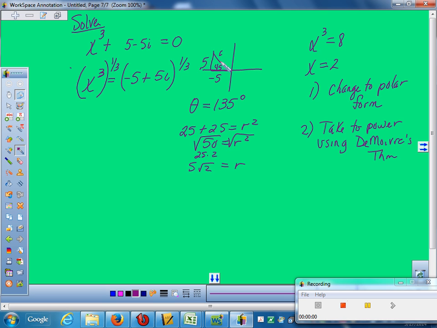So it's just 5 square root of 2. Yes, you could have done that faster with geometry. I would recommend the geometry if you know the geometry. So the point was I wanted to get it in polar form. I now know R is 5 square root of 2, and I know that my angle is 135.